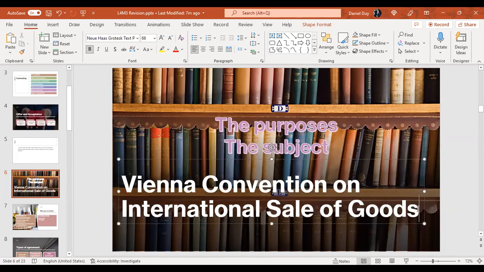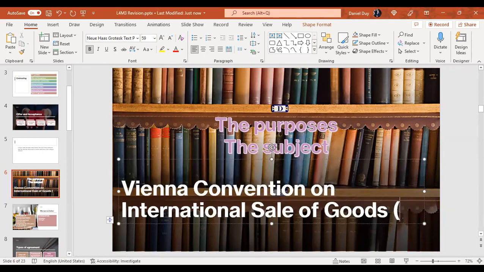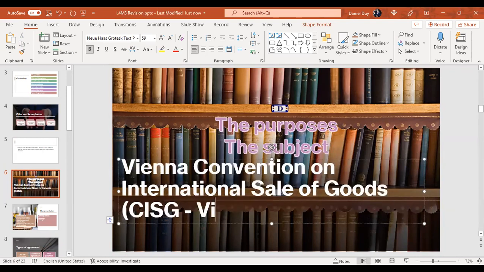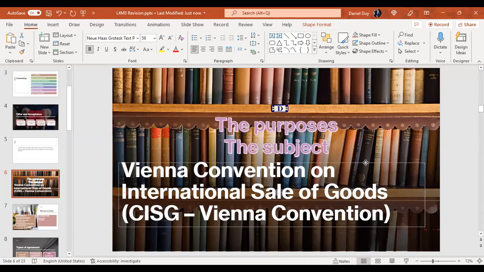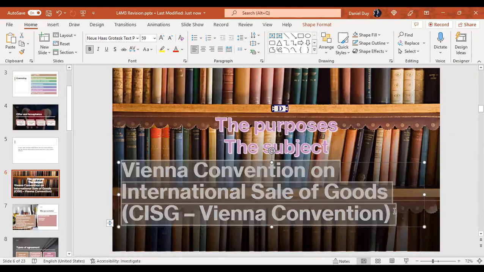Or in short, it can be called the Vienna Convention or just CISG. Do you remember this international statute? Does anyone remember this international document?